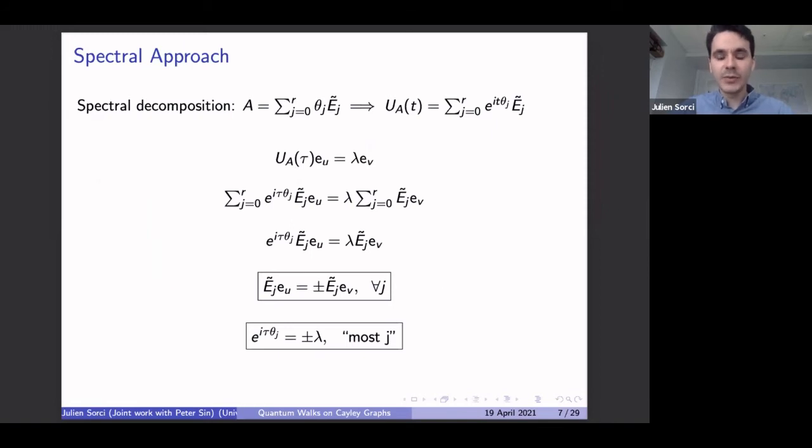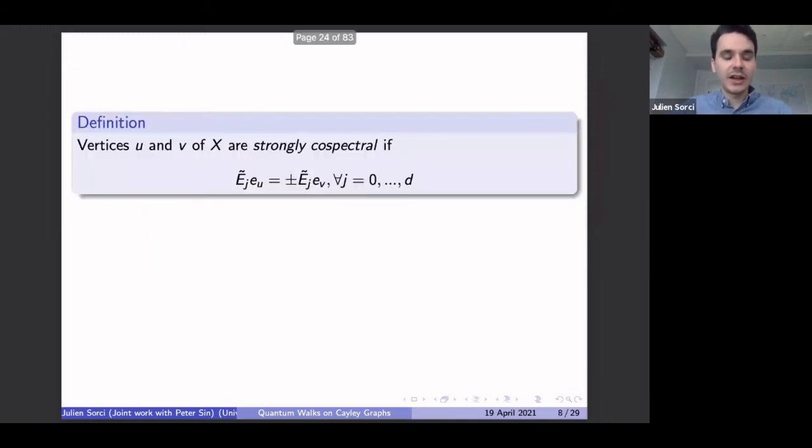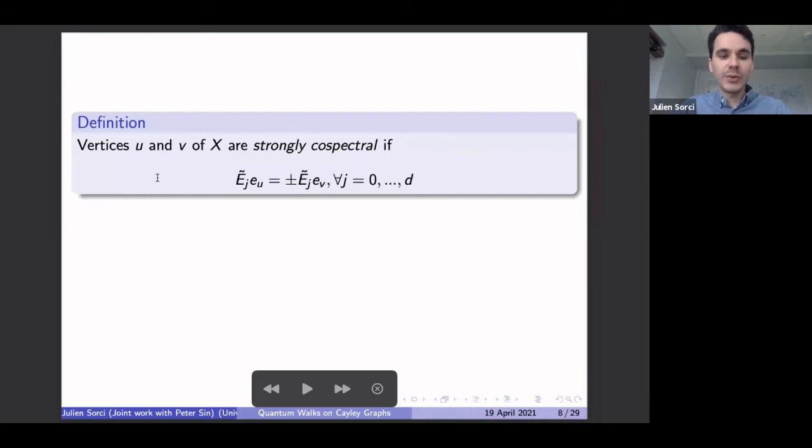And so now this kind of motivates a few definitions. So we'll say that vertices u and v of our graph X are strongly cospectral if that first equation held for all j. And secondly, we'll make more precise what I meant by most j in the previous slide.